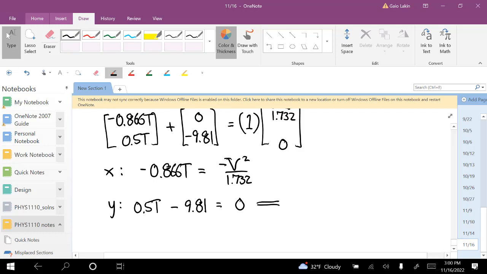So, let's see. 0.5 T is equal to 9.81. Multiply both sides by 2, and you get that T is equal to 19.62.